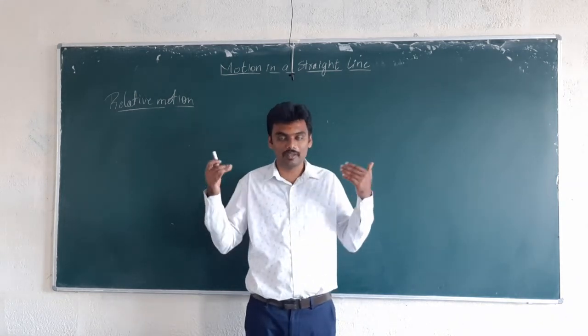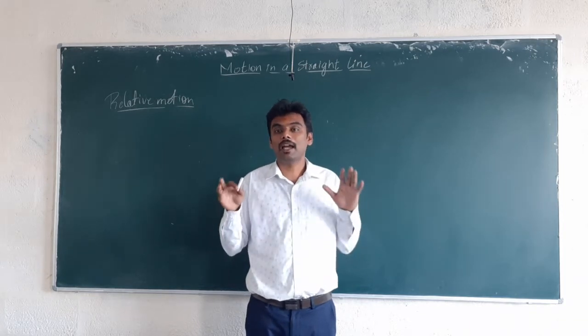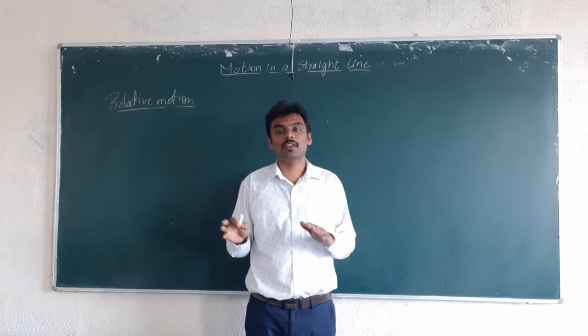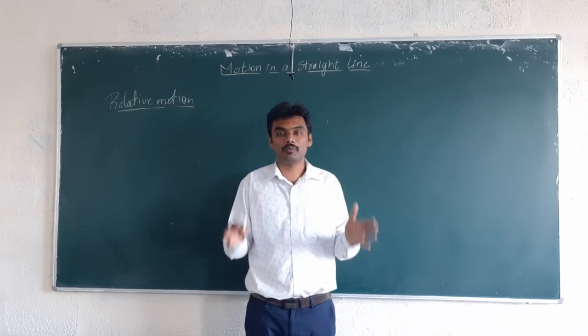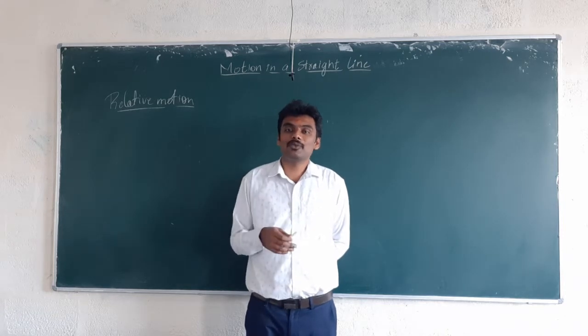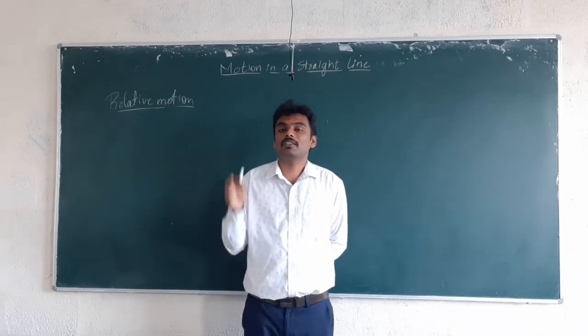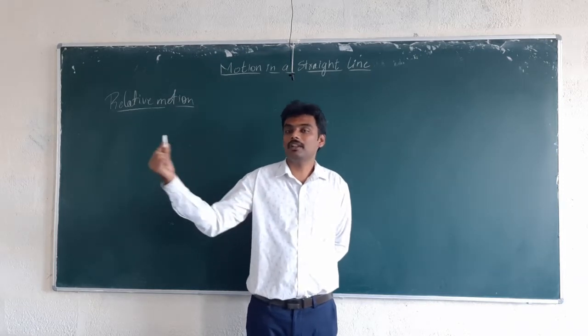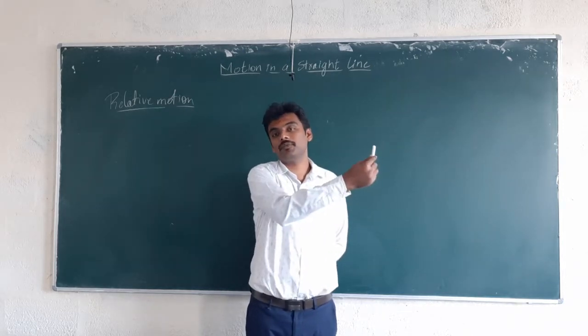Eyes are not moving, I am not moving. So I am the observer who is standing in a place. With respect to ground, I am not moving, right? So here in this situation, observer is at rest and the body is moving, right?